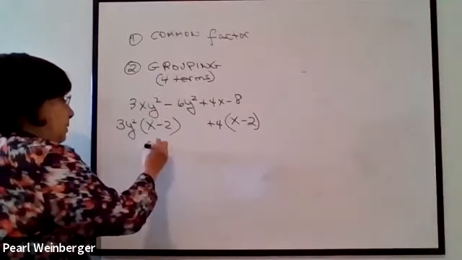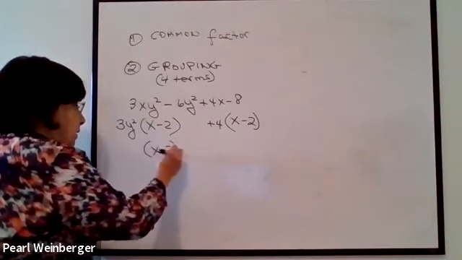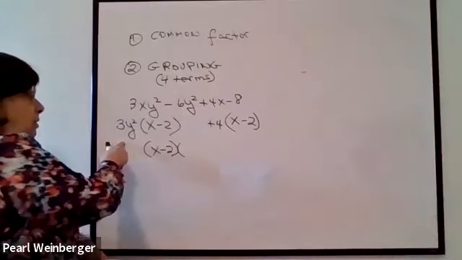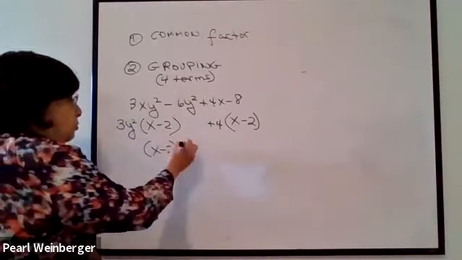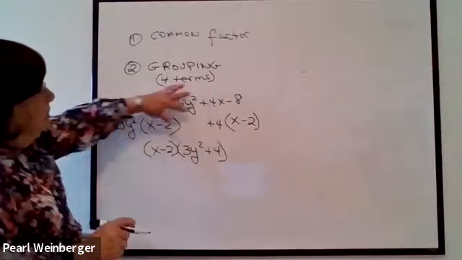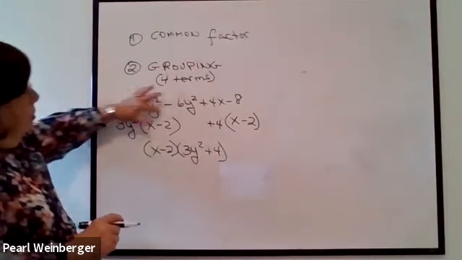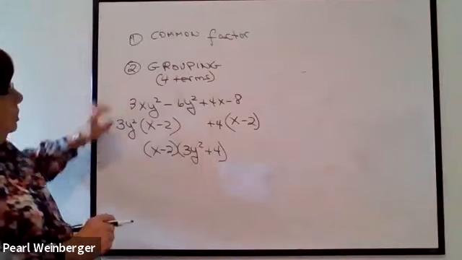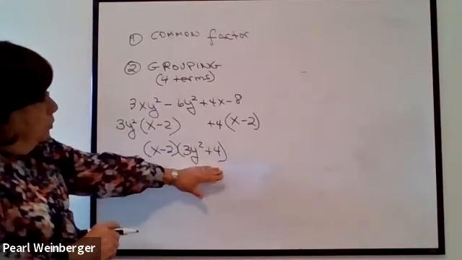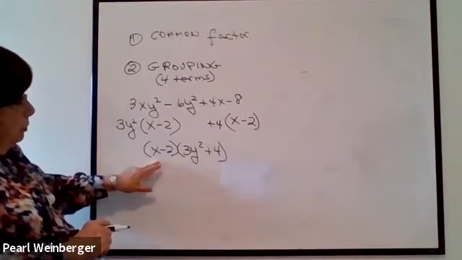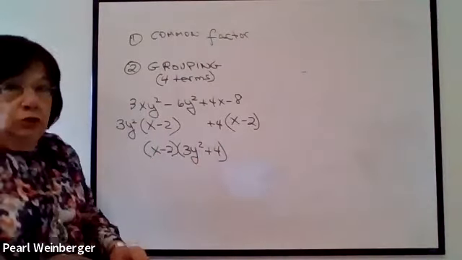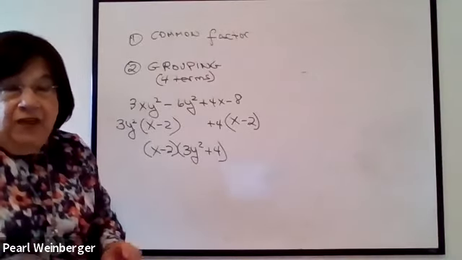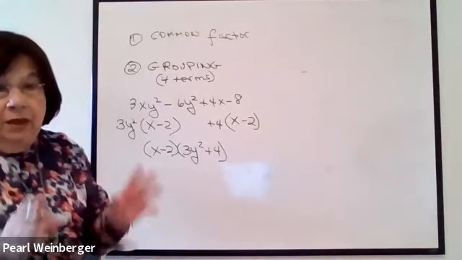We'll put the x minus 2 first, and then in the second parentheses, we'll put the 3y squared plus 4. So we were able to take this 4-termed expression and break it up into two binomials, x minus 2 times 3y squared plus 4. That is what's called factoring by grouping.